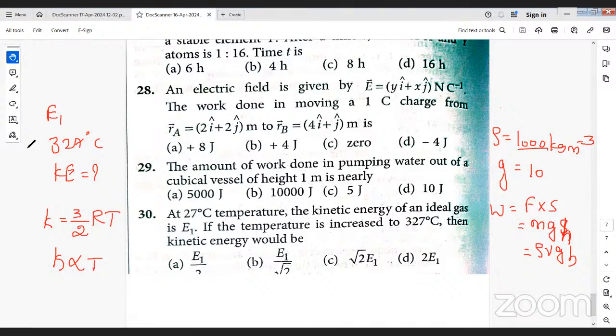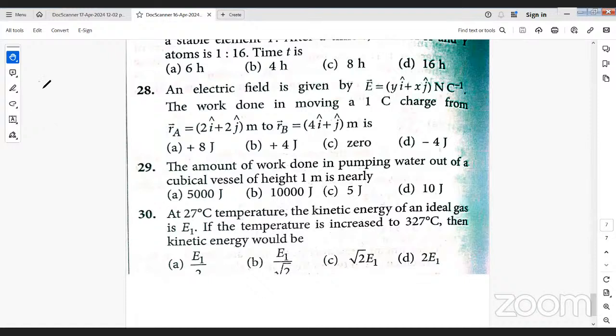So when they are directly proportional to each other, what can we do here? The energy at 327 degrees Celsius is equal to the energy at 27 degrees Celsius in the ratio of 327 plus 273 in terms of Kelvin, and here it is 27 plus 273.